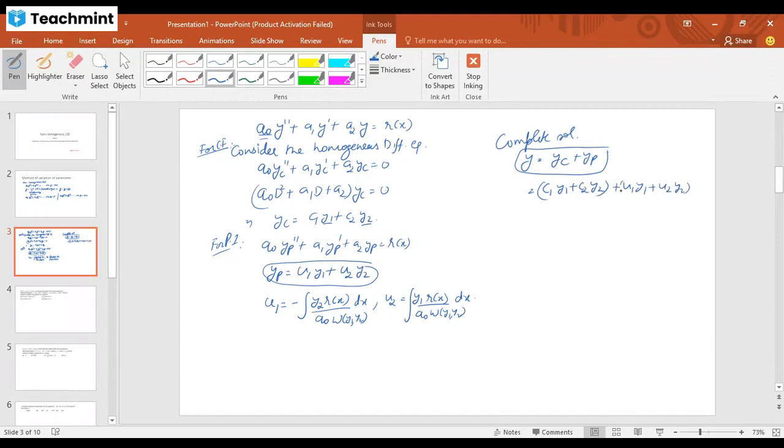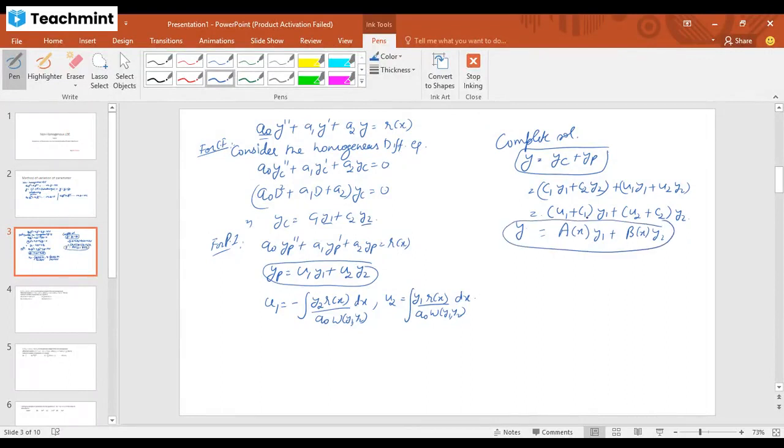If we combine them, we can write it as (u1 plus c1) times y1 plus (u2 plus c2) times y2. If we name these functions of x, say a(x) for the coefficient of y1 and b(x) for the coefficient of y2, then we can say that y equal to a(x) y1 plus b(x) y2 is the general solution of the differential equation.